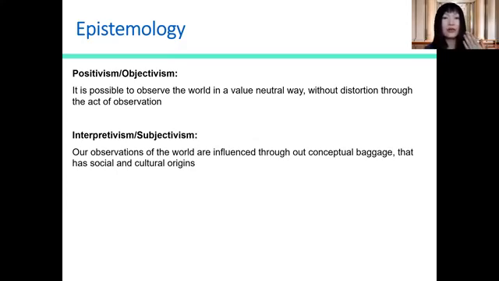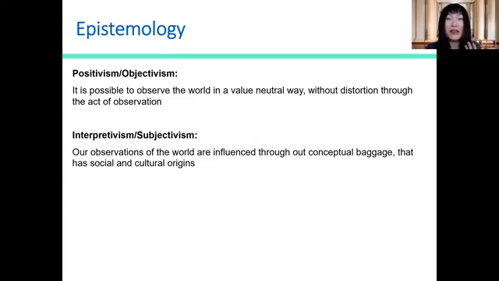And the other extreme is subjectivism or interpretivism as an epistemology. This approach holds that the world is always changing. It is very hard to observe. Epistemology is about how we know what we know, right?